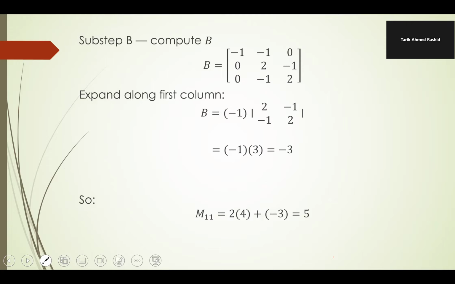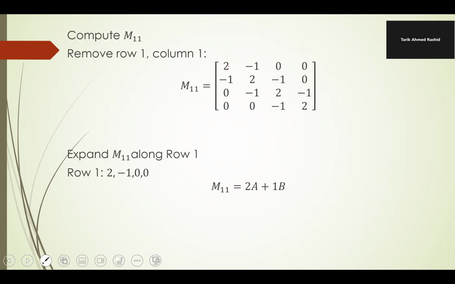Now, to get subset B, how do we get subset B? We will go to the earlier matrix. How we found this one, just go back to here. We get it by removing the first row and removing the second column.